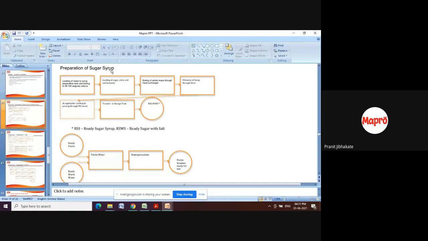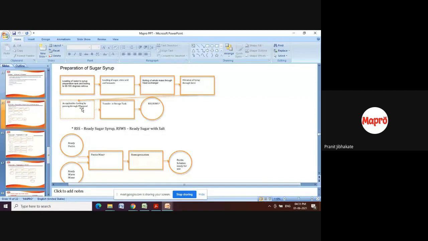So for jam making at industrial level, we need fruit pulp and sugar syrup and pectin. Okay, so preparation of sugar syrup I'm showing you. Basically, we take sugar in 50 kilo bags each, and we procure around 10 to 15 metric tons per day, and we make syrup out of that.